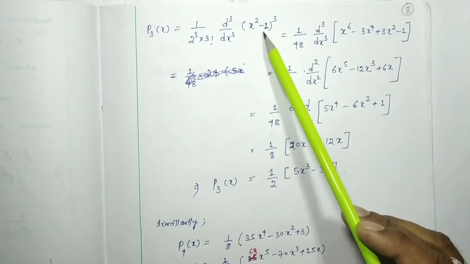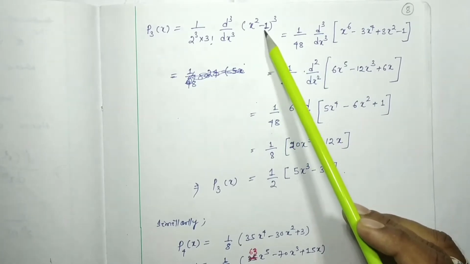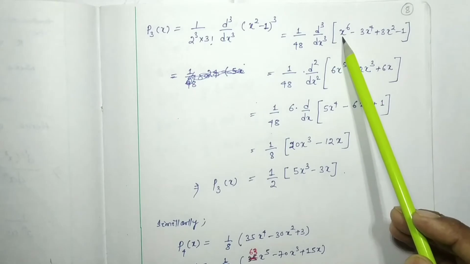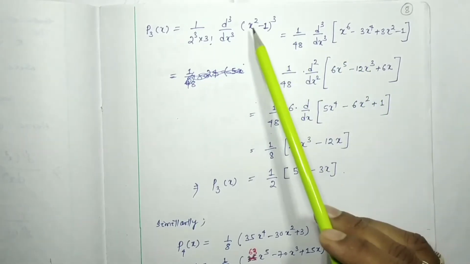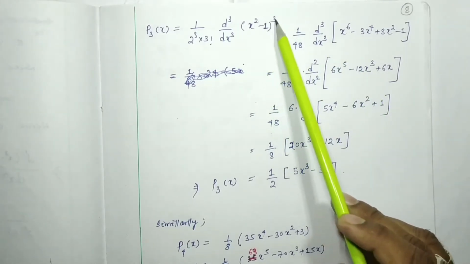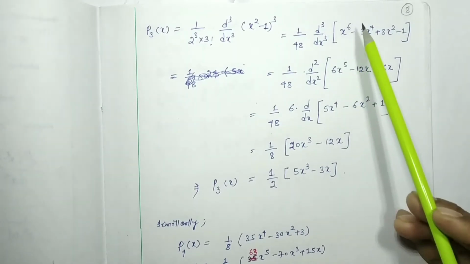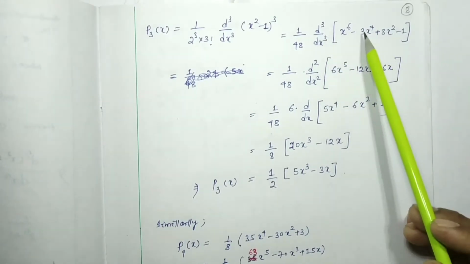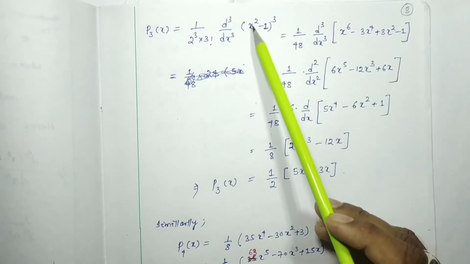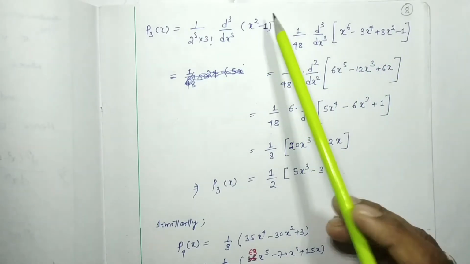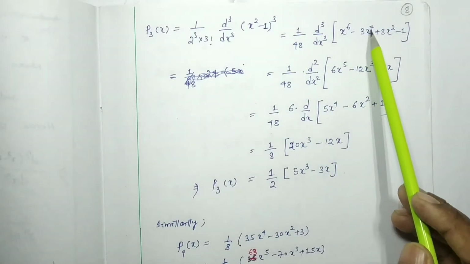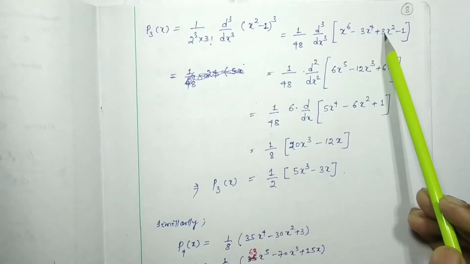First you can use the (a minus b) whole cube formula, that is a cube, meaning x square to the power 3 will be x to the power 6, minus 3a square b, meaning x to the power 4 and 1, so 3x to the power 4, plus 3ab square.